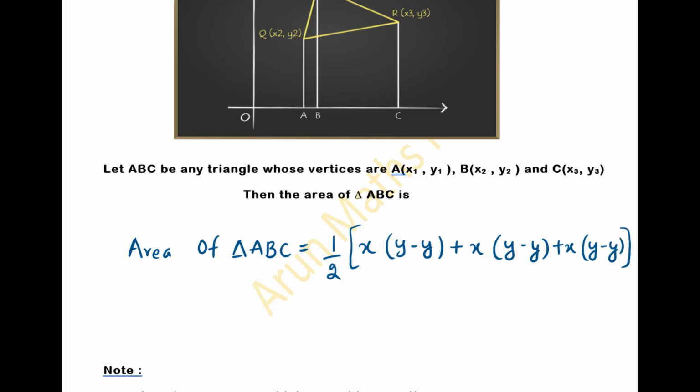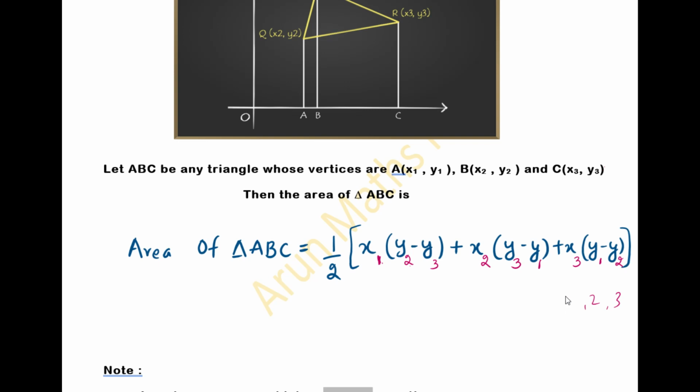Just I'll write the easiest way to remember. Now students, first you write like this, then write 1, 2 and 3 in the cyclic order, that is x1, y2, y3, 1, 2, 3. Then next it will be 2, 3, 1. Next it will be 3, 1, 2.